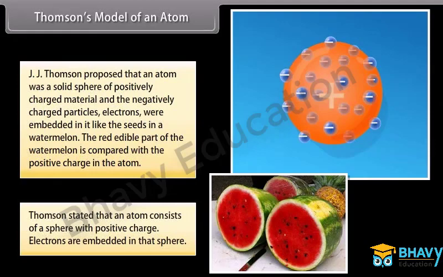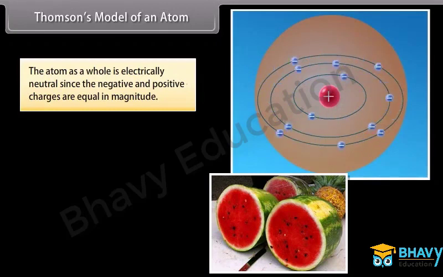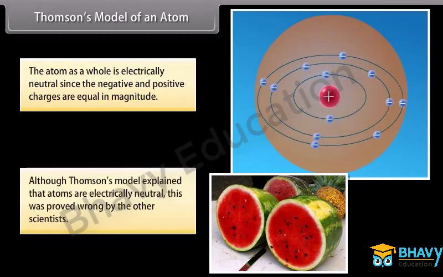Thompson stated that an atom consists of a sphere with positive charge. Electrons are embedded in that sphere. The atom as a whole is electrically neutral since the negative and positive charges are equal in magnitude. Although Thompson's model explained that atoms are electrically neutral, it was proved wrong by other scientists.